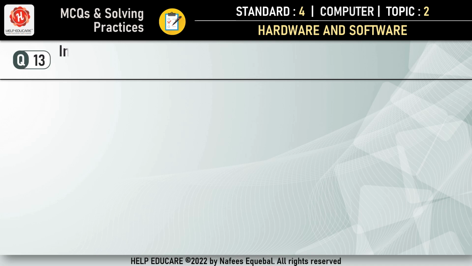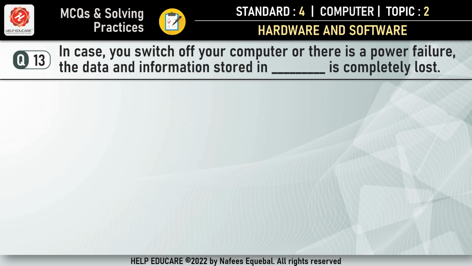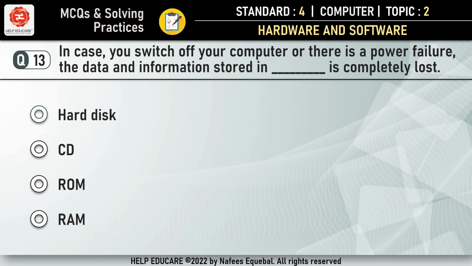Question number 13. In case you switch off your computer or there is a power failure, the data and information stored in dash is completely lost. First option, hard disk. Second option, CD. Third option, ROM. Fourth option, RAM.